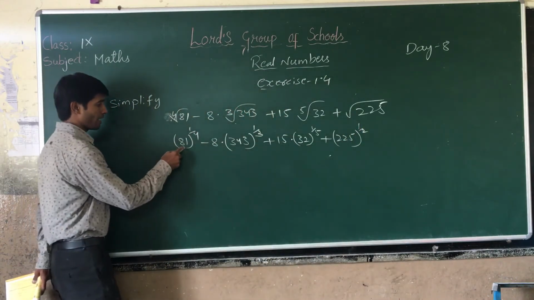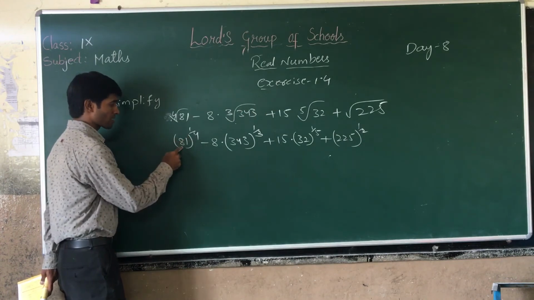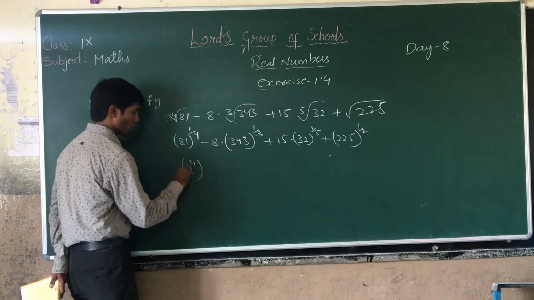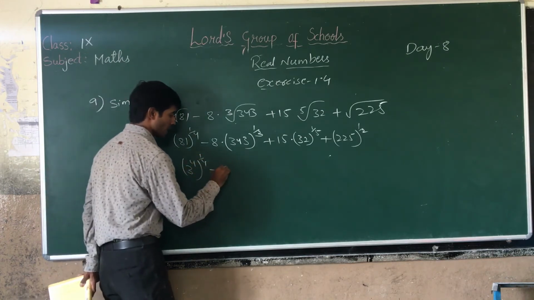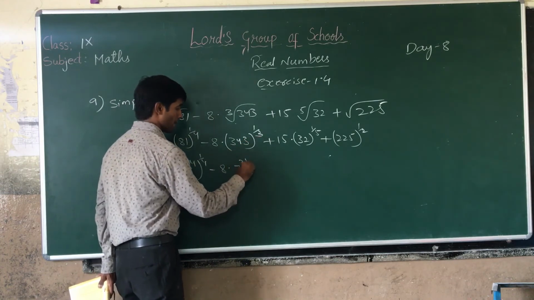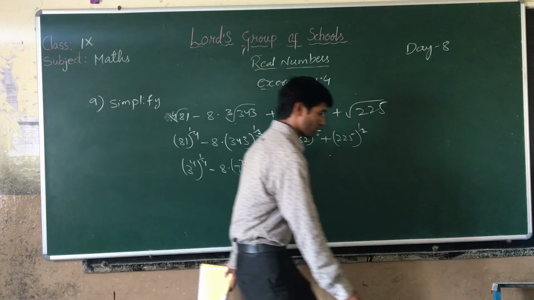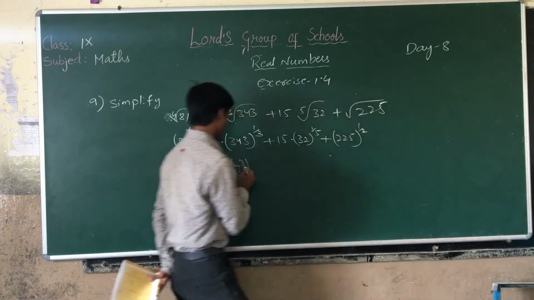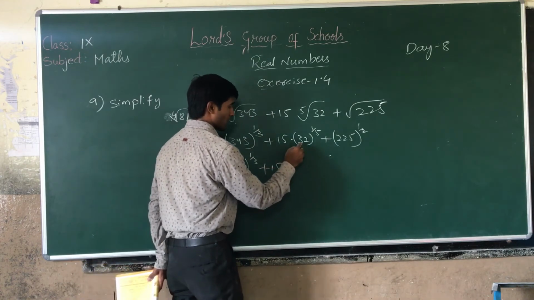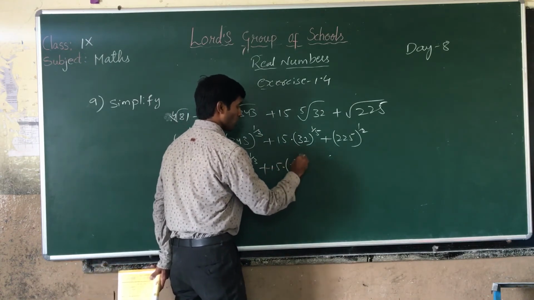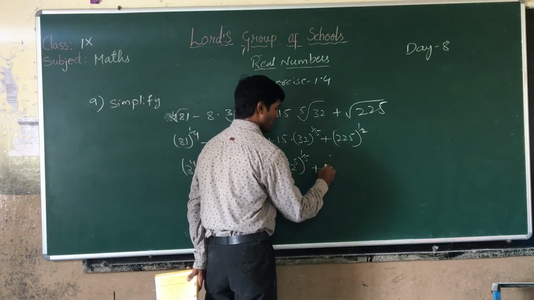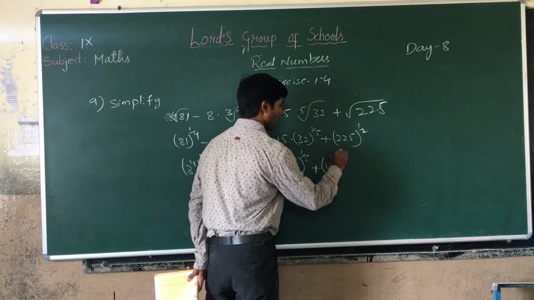Now see, here we have power 4, so 81 can be written as 3 power 4, whole power 1 by 4, minus 8 into 343 can be written as 7 cube, whole power 1 by 3, plus 15 into 32 can be written as 2 power 5, whole power 1 by 5, plus 225 can be written as 15 square, whole power 1 by 2.